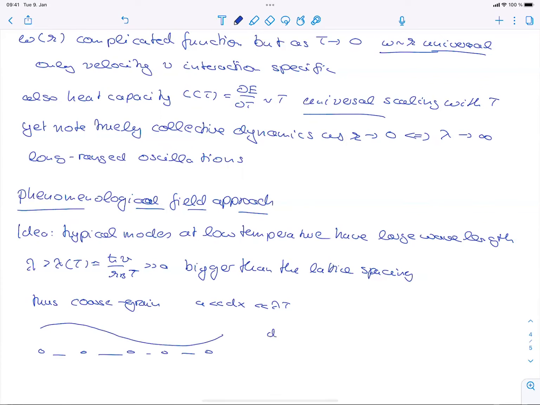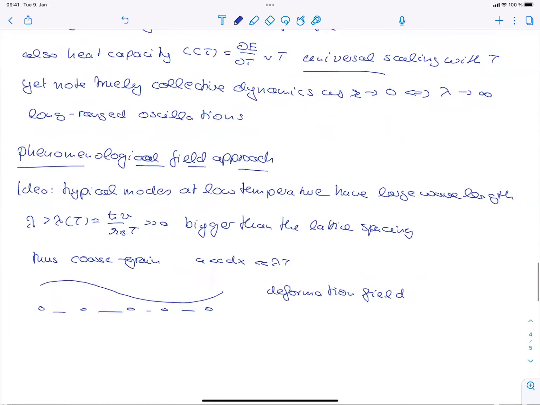So now we turn to a deformation field called u of x. And this u of x now has no variations on the scale of the lattice spacing.